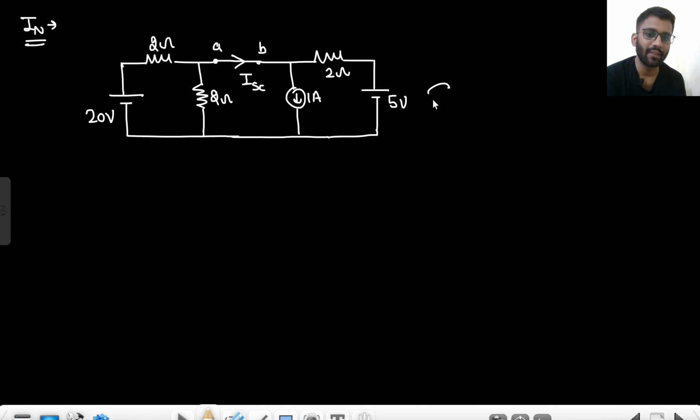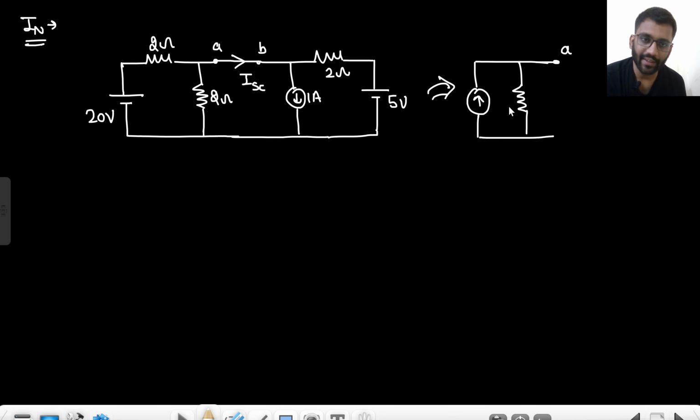So how will I make my equivalent actually? It will be like this: ISC, RN. The current should enter into node A and get out of node B. So this is how my circuit will look. This will be node A, this will be node B. This will be my IN, this will be my RN, and this will be my 1 ohm resistance.